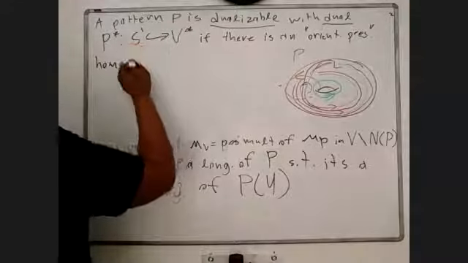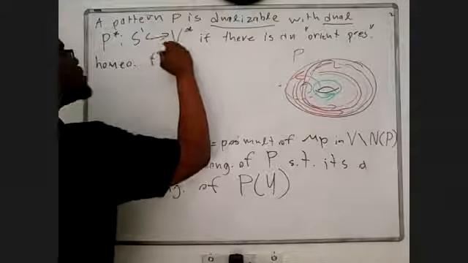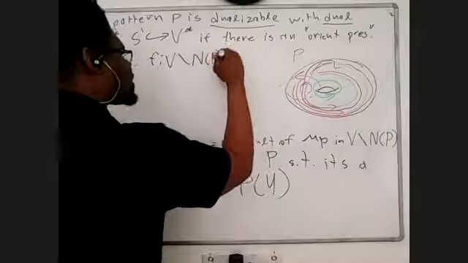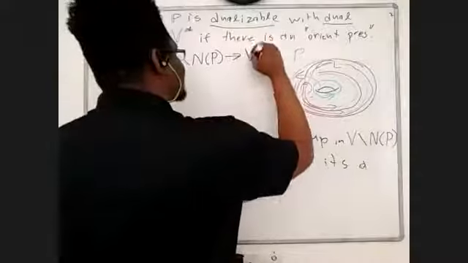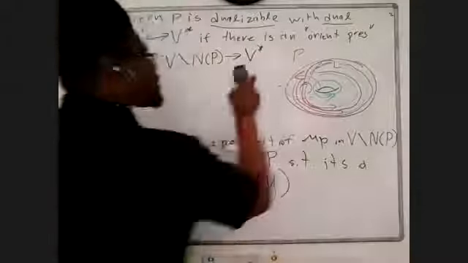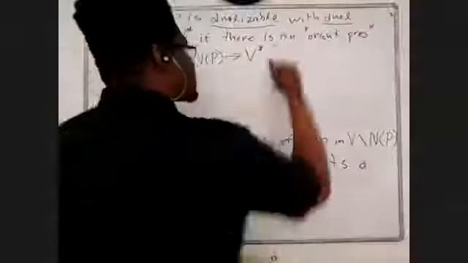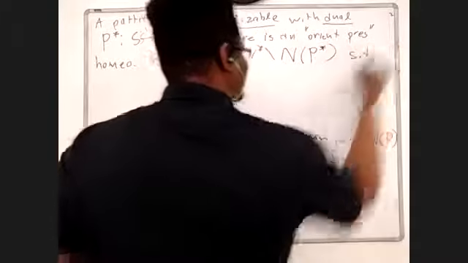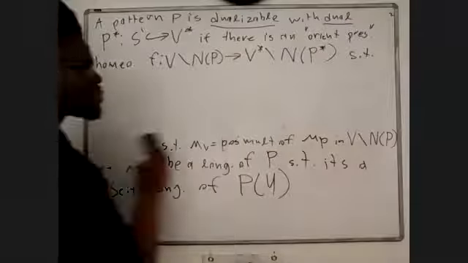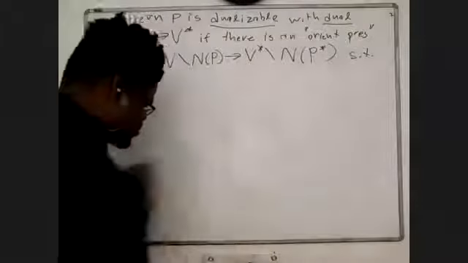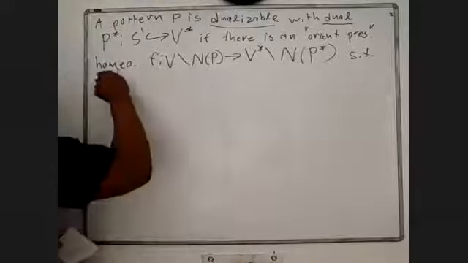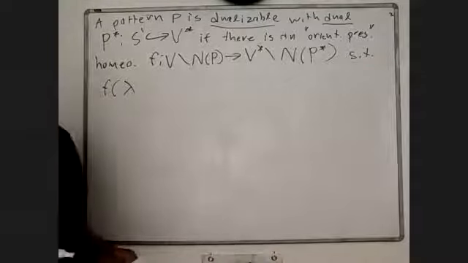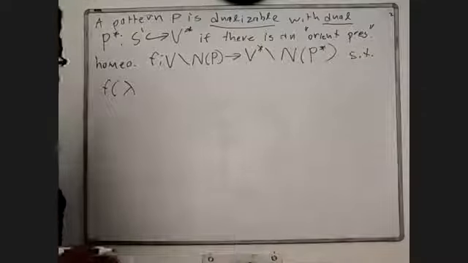We have some orientation preserving homeomorphism from the complements of these patterns such that the following conditions are satisfied. And V star just is a different solid torus, but it's still homeomorphic to the standard solid torus? Yes. Okay.